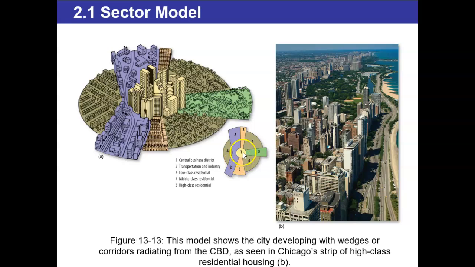You've got the central business district, similar to what it looked like in the concentric zone model, but then you have different sectors of corridors. For number 2, you have transportation and industry. For 3, low-class residential. 4, middle-class residential. And 5, high-class residential.